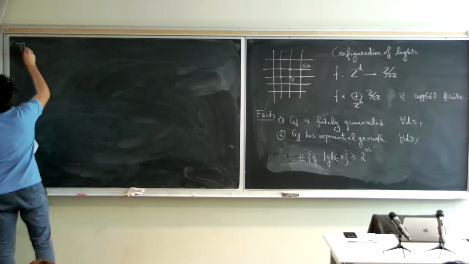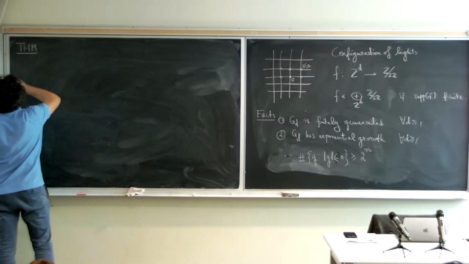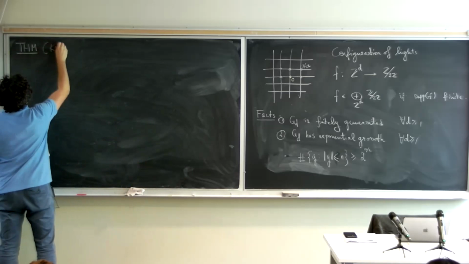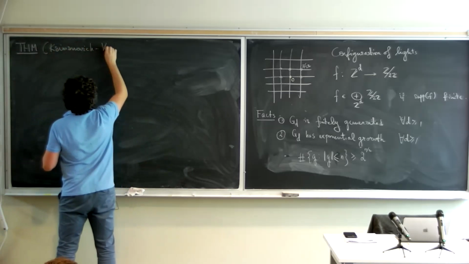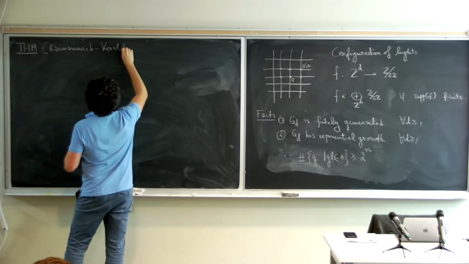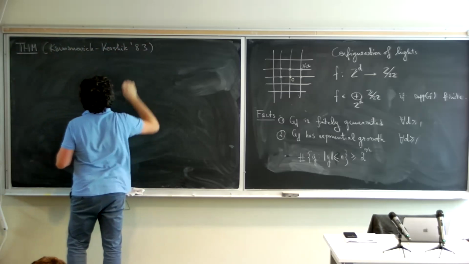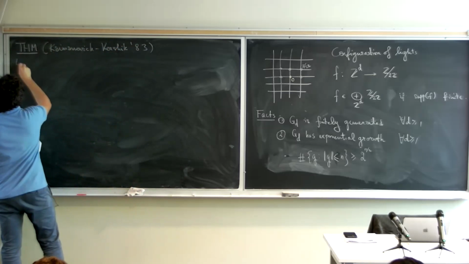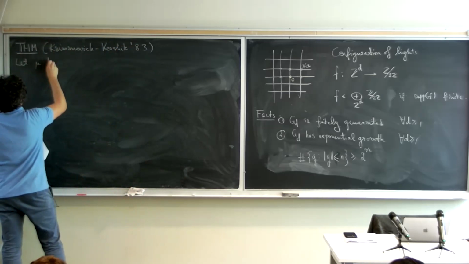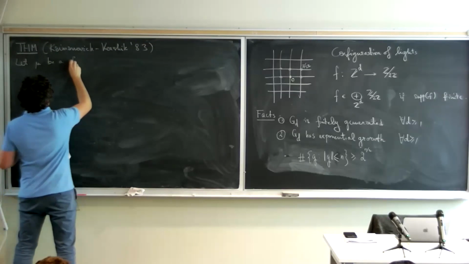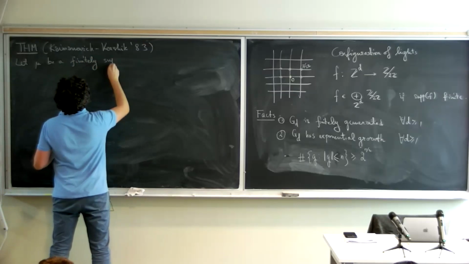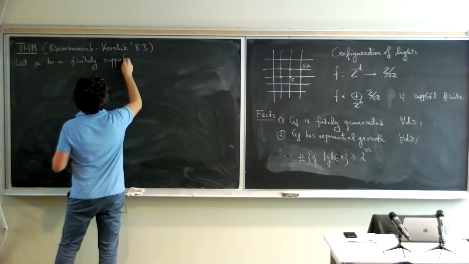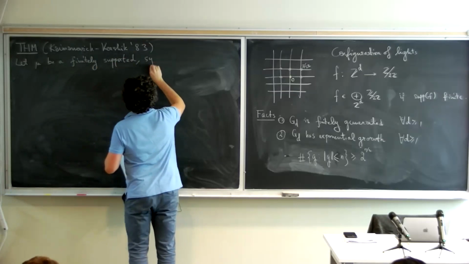So here's the theorem, by Kaimanovich and Vershik. Let mu be a finitely supported symmetric generating measure on G_D.